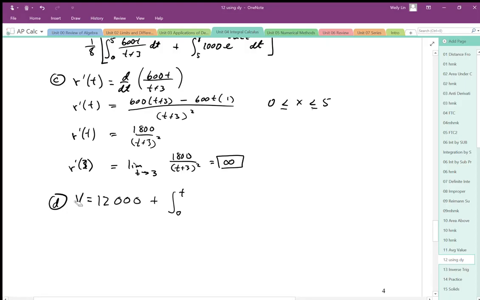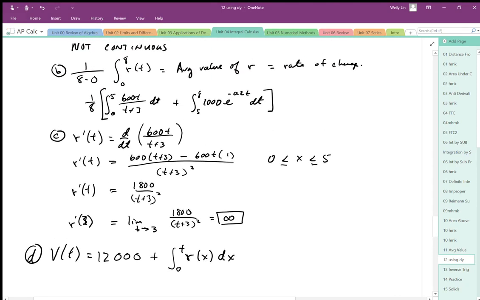So, volume as a function of time, to be a little more clear about that. This is going to be V(t), and it's going to be equal to the integral, or the area underneath the rate curve, from 0 to t.